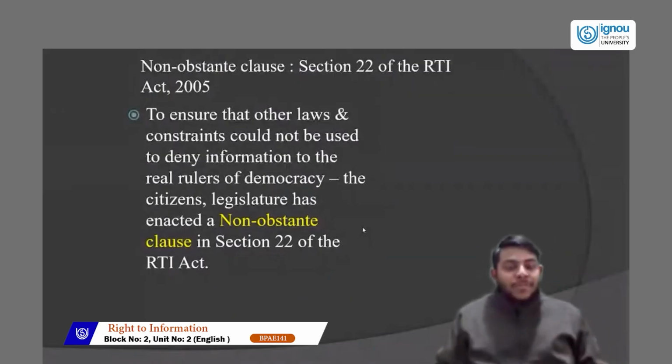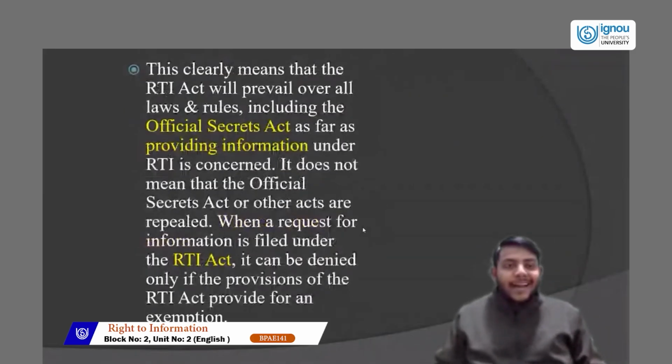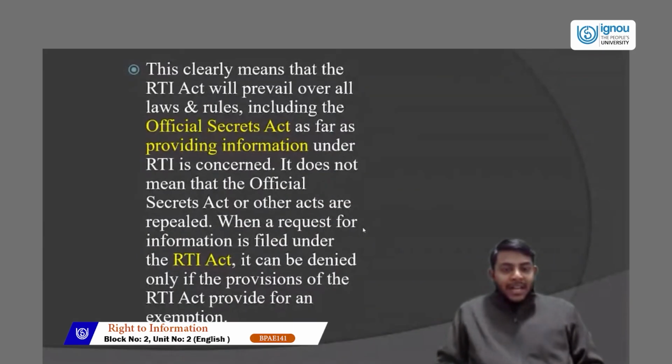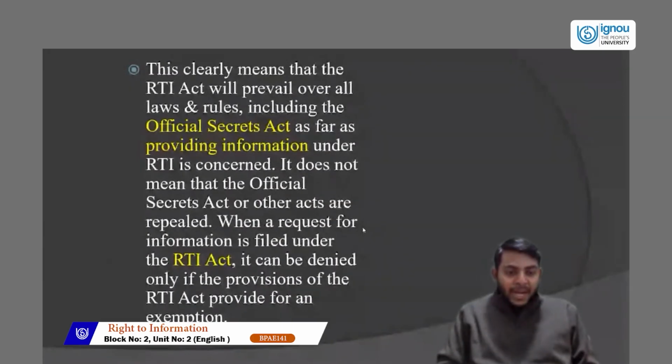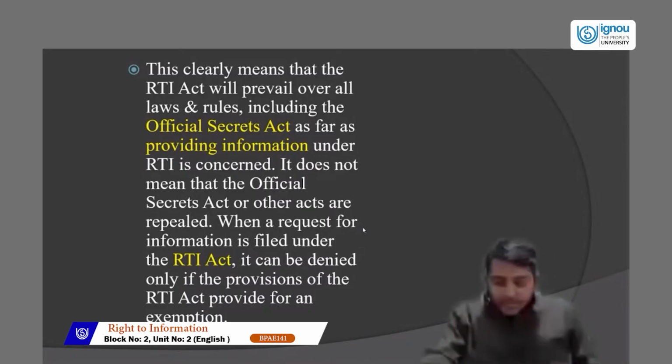So this non-obstante clause clearly means that the RTI Act will prevail over all laws and rules, including the Official Secrets Act as well, as far as providing information under RTI is concerned. And it does not mean that the Official Secrets Act or other acts are repealed. Where a request for information is filed under the RTI Act, it can be denied only if the provisions of the RTI Act provide for an exemption.